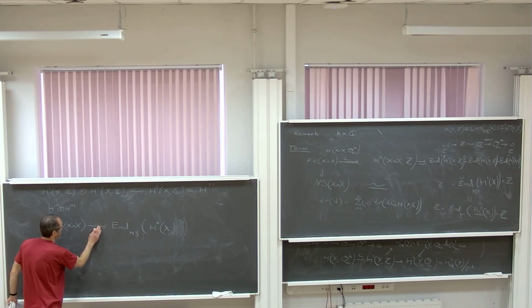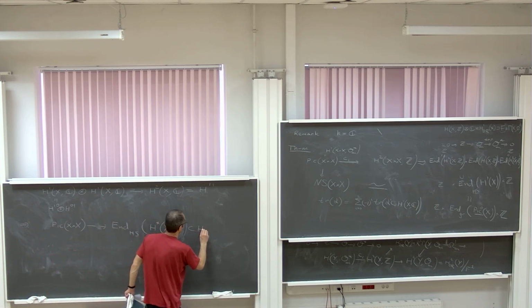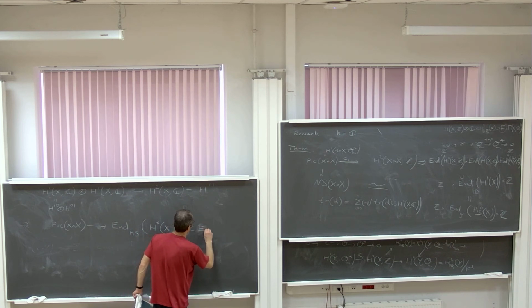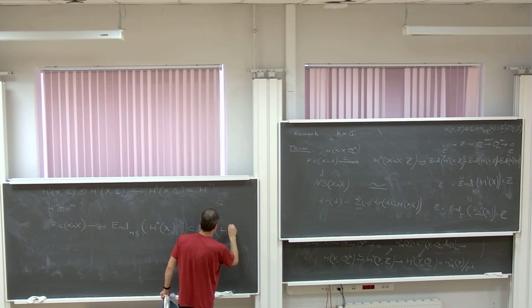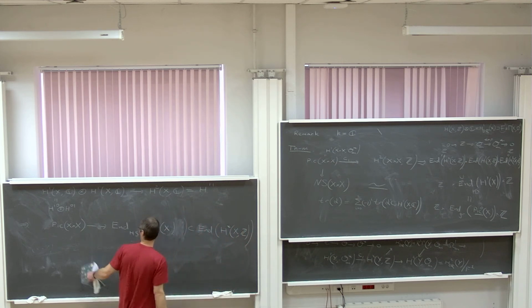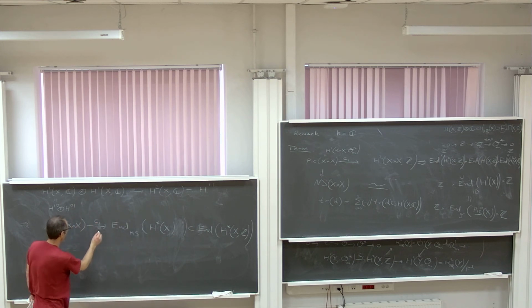This means that it lives here, in endomorphisms of H star X Z. So the Chern class map factors through this, and this is surjective. Good. So this is essentially the Hodge 1-1 theorem.